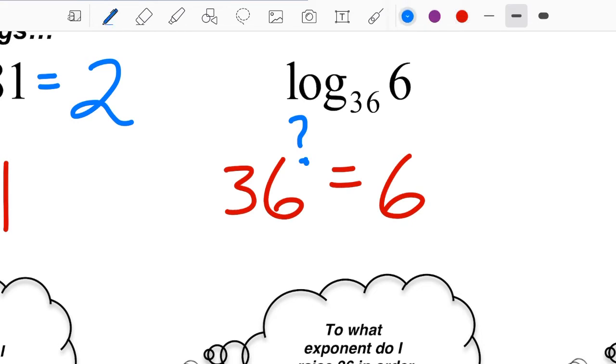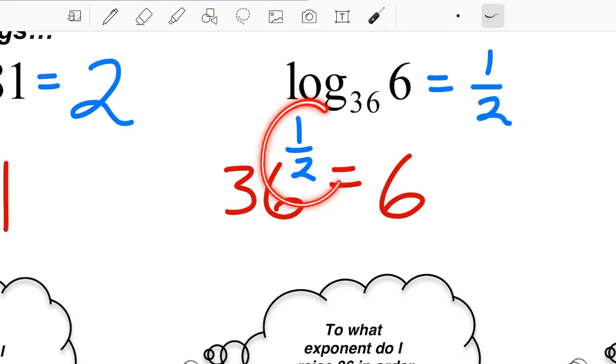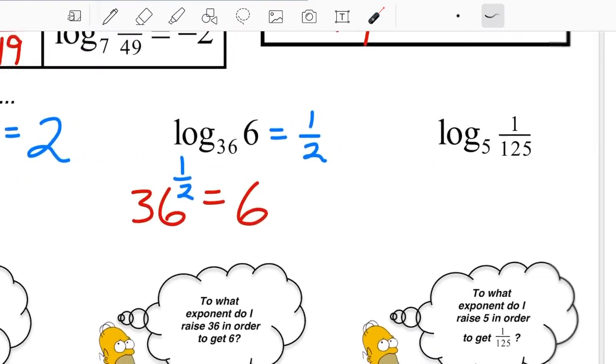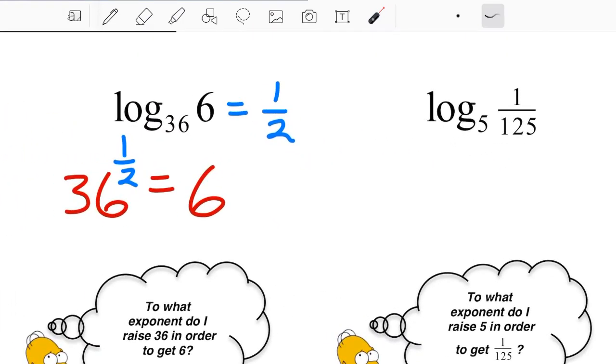It involves a 2. That's right, it's going to be 1 over 2. So the log base 36 of 6 equals a half, because 1/2 is the exponent that I can put on 36 to get 6. Now, some of you might be ready to think like a log on this last one. I encourage you to do that.